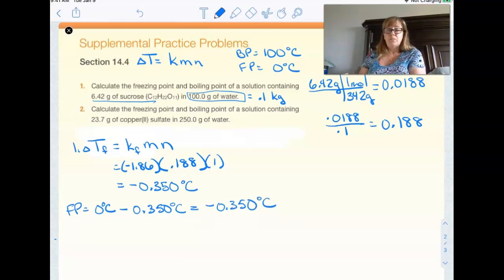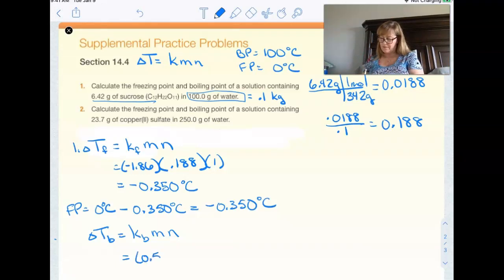Well, now let's find our boiling point. Our delta T for boiling is going to be our boiling point constant times our molality times our number of particles. Now the nice thing here, the boiling point constant is different. The boiling point constant is 0.52. But have we changed our molality? No, that's still 0.188 molal. And we haven't changed the number of particles.